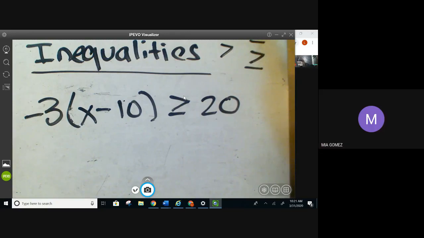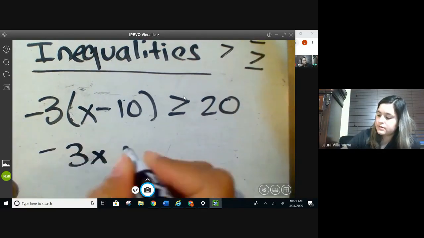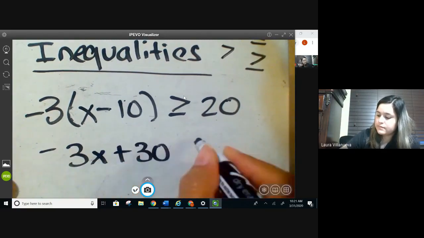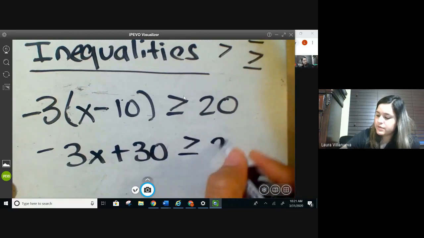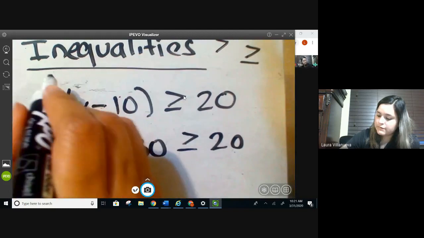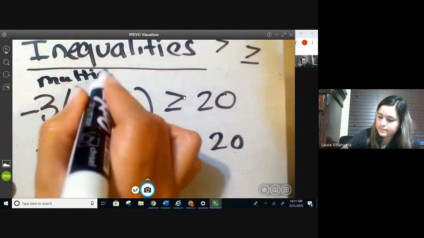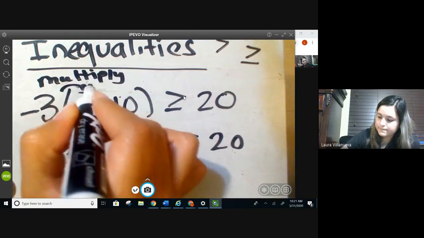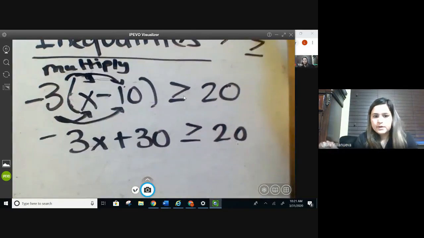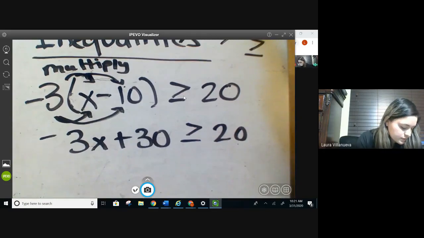I didn't see that. So anyways, you have negative 3x plus 30 is greater than or equal to 20. What did I do? I multiplied. Whenever you have a number outside, you need to multiply it. Don't forget, remember it has those parentheses. Parentheses means multiplication.